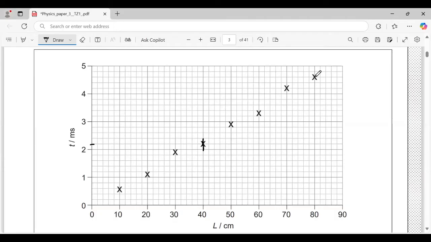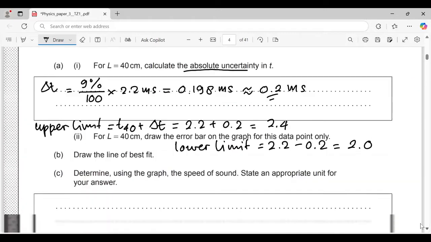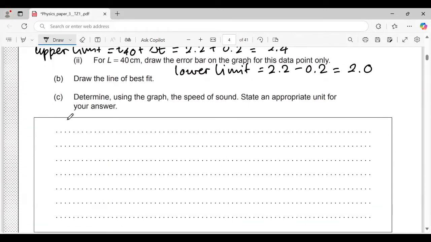But I would like to draw the best fit line. There are two lines, the upper straight line and this one, the lower, of the main straight line.